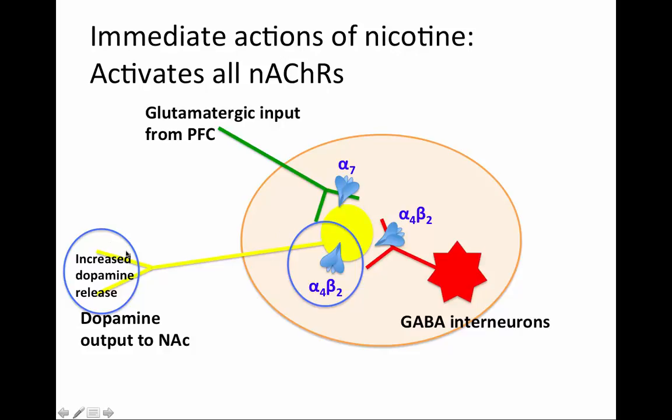This causes more dopamine to be released in the nucleus accumbens. Activation of the alpha-7 and the alpha-4 nicotinic receptors on the glutamatergic neuron and the GABA interneuron will also increase activity in both neurons, but since one is excitatory and the other is inhibitory, they essentially cancel each other out, and the overall effect is driven by the dopamine neuron.